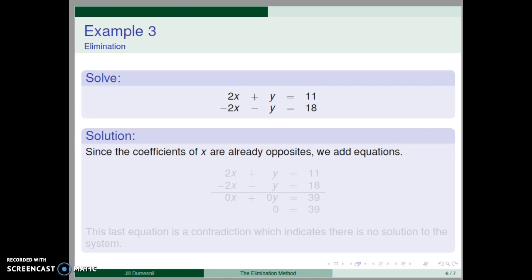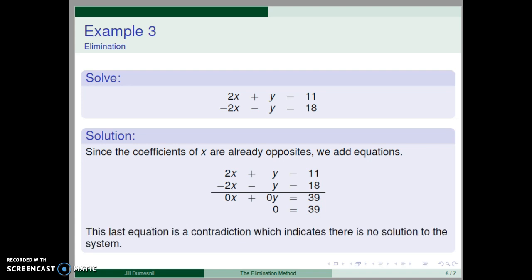We can add the equations in their original forms, and this produces 0x + 0y = 39. Hence, 0 = 39. This is a contradiction, and therefore we conclude that the system has no solution.